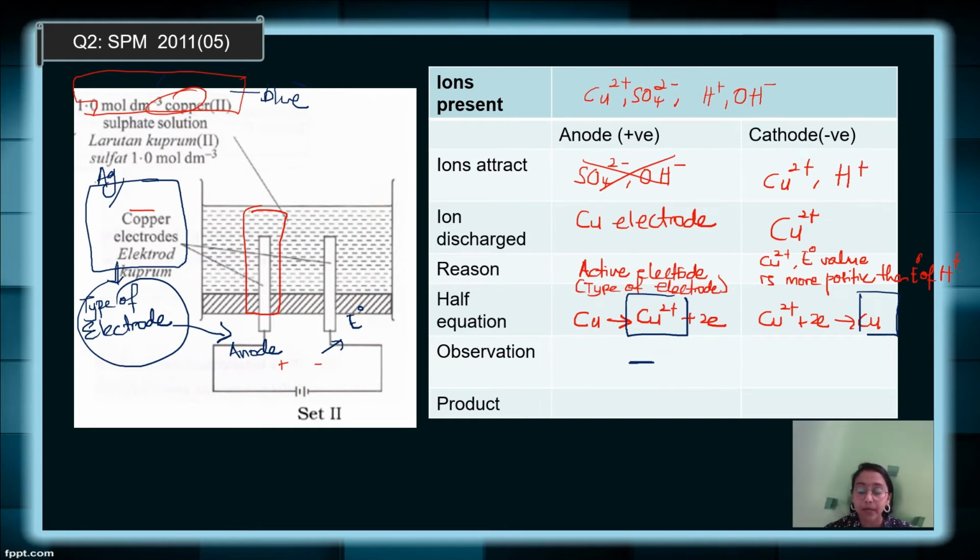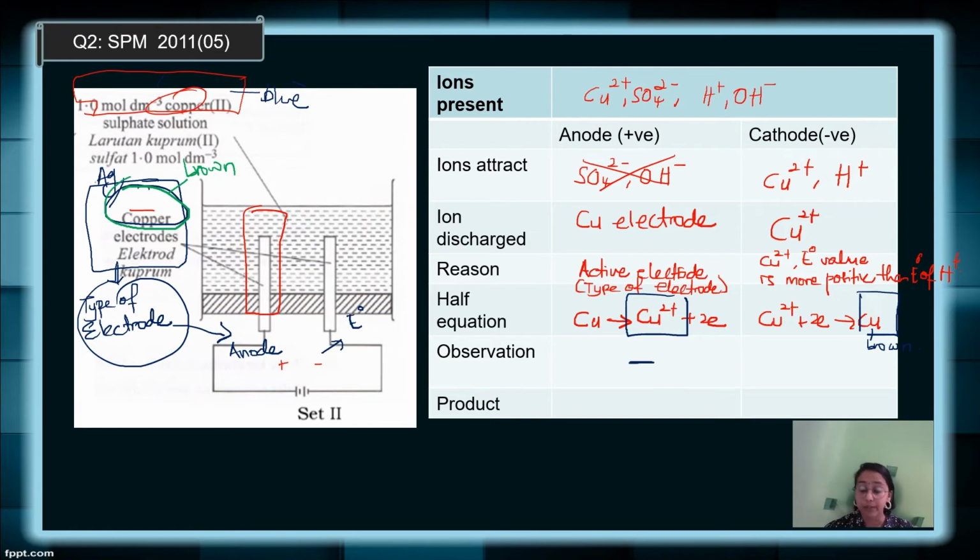Okay. But when it comes to the cathode, this copper is a copper atom, copper metal. Copper metal should be brown color, isn't it? But look here, we are using copper electrodes. When the copper electrode is used, it's already brown there. So will you be able to see the new deposition of the brown solid onto it?